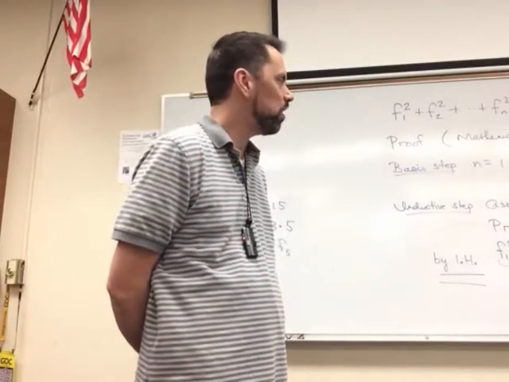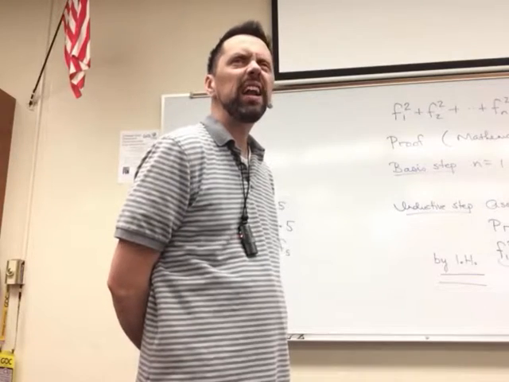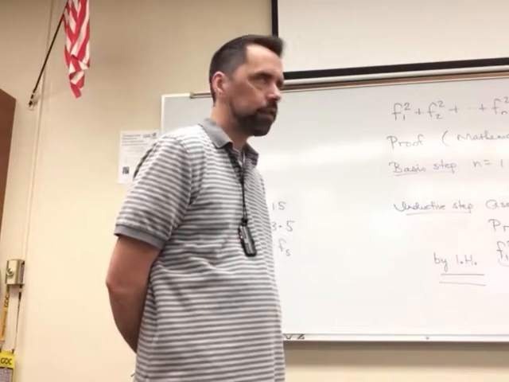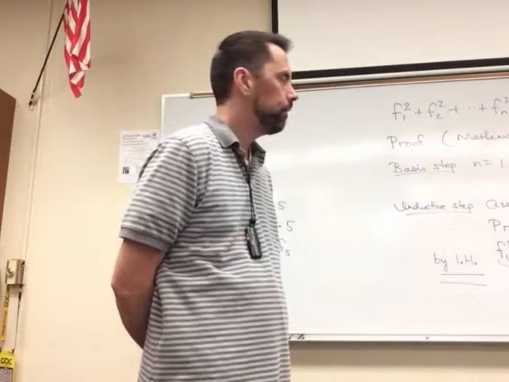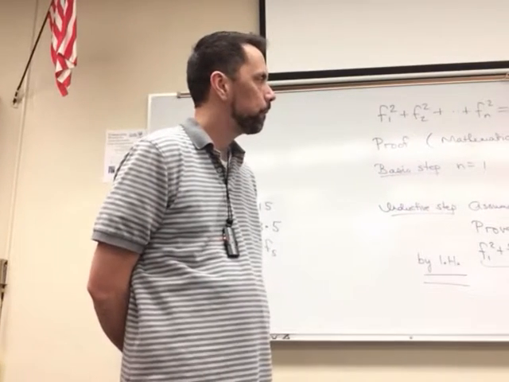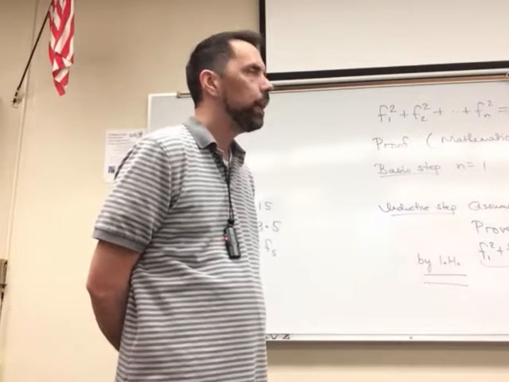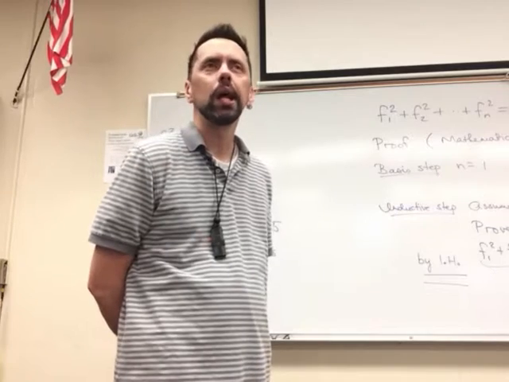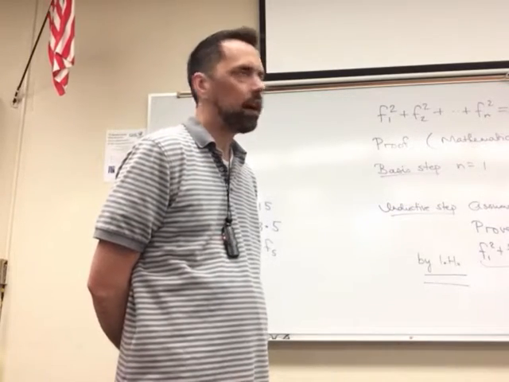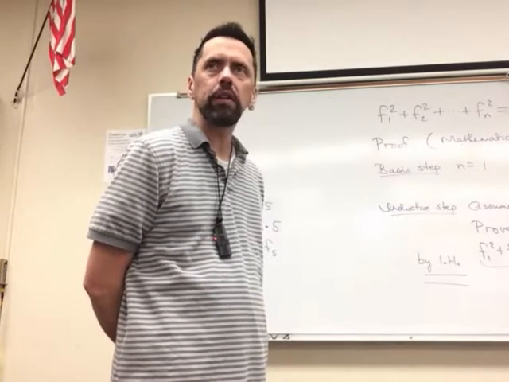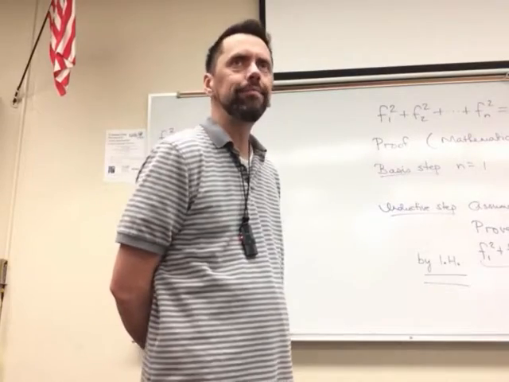It's the first time we're doing any kind of proof with Fibonacci numbers, so if you don't see it right away, don't panic. Think about how the Fibonacci numbers are defined. How do you make them?